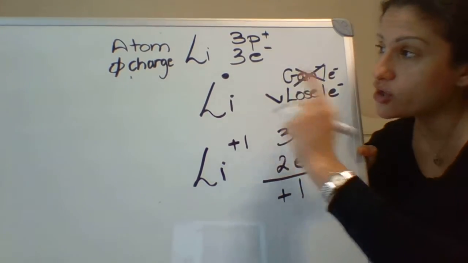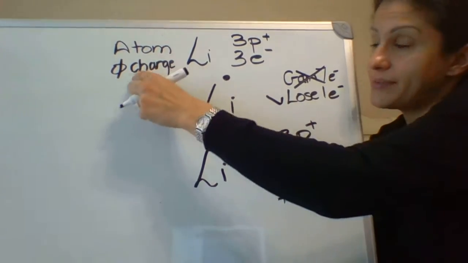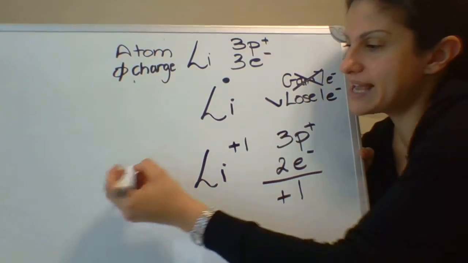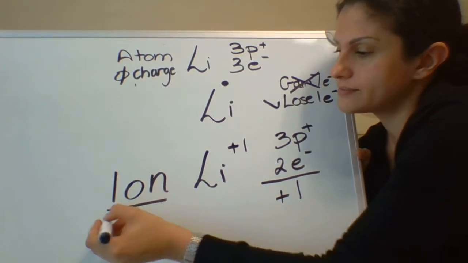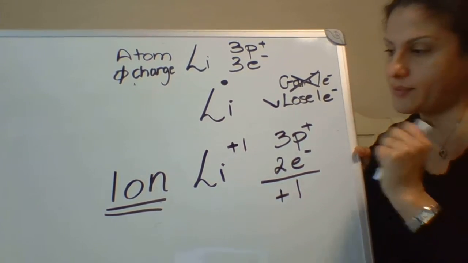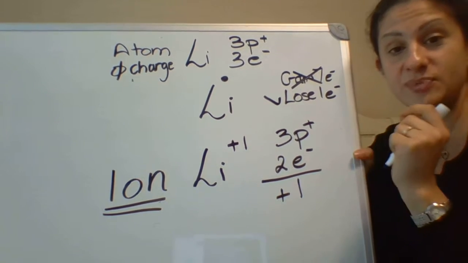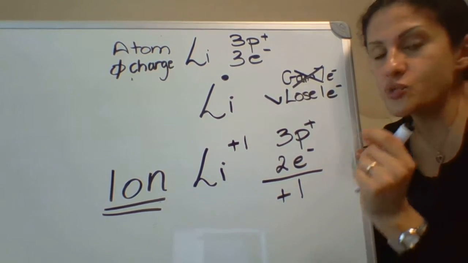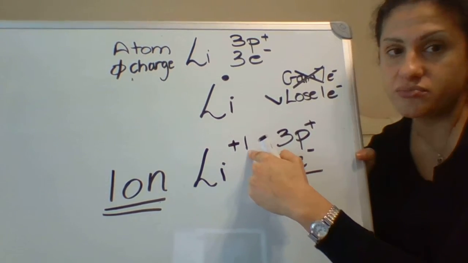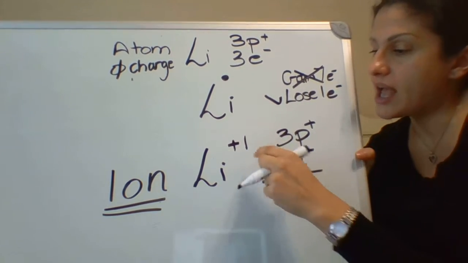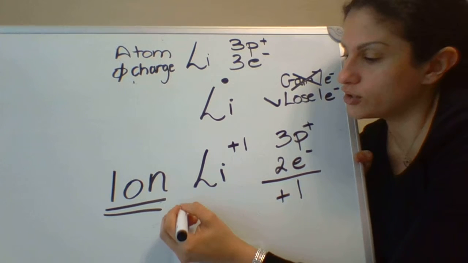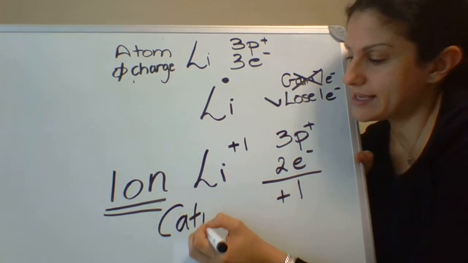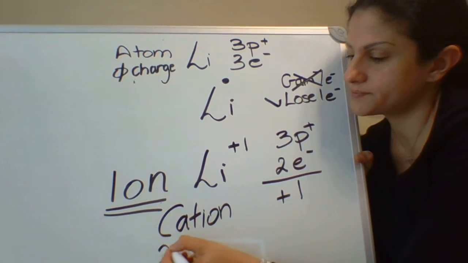And it's no longer called an atom, because an atom has a 0 charge. It is now referred to as an ion, because it has a charge. And specifically, ions with a positive charge, +1, +2, are called cations.